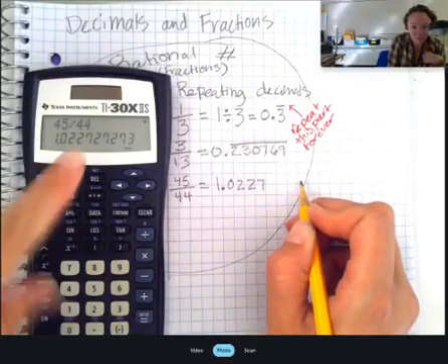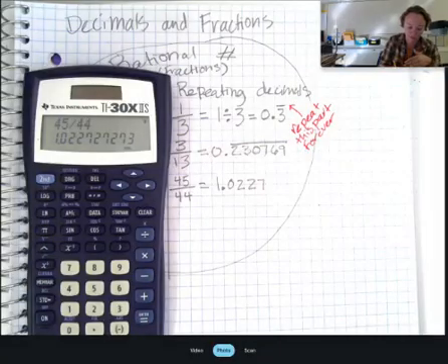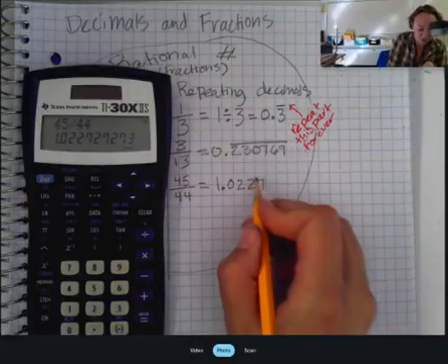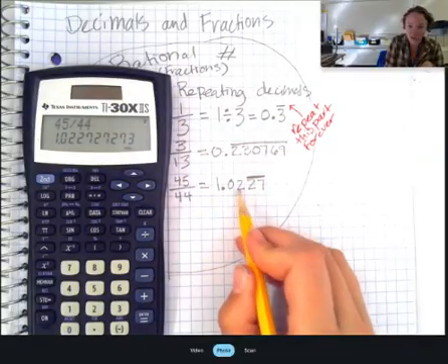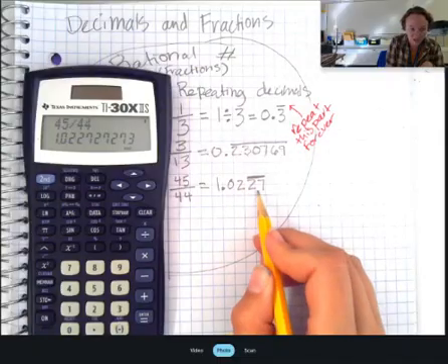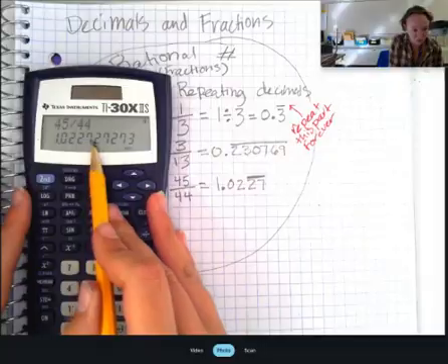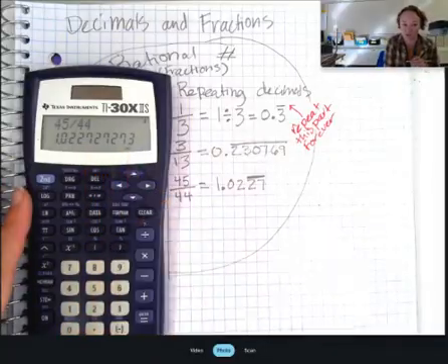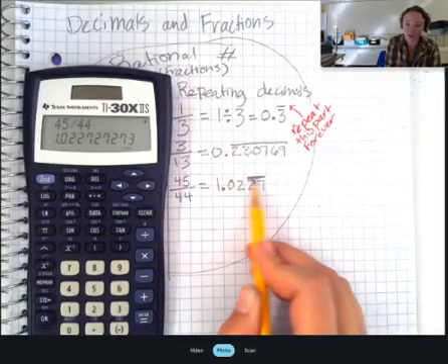And then it's a 3 at the end because the 7 would have rounded up the 2 to be a 3. But that 27 part is what's repeating there. So not the 0.2 at the start, just that 27 right there. It's just a cycle of 2 numbers that repeats. So make sure that you don't put the bar over everything. You just put it over the part that repeats.